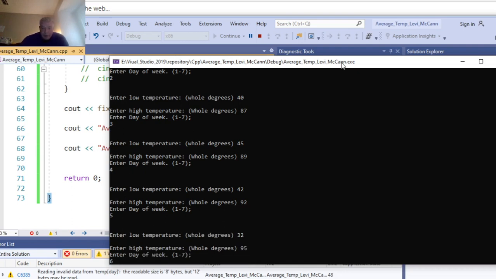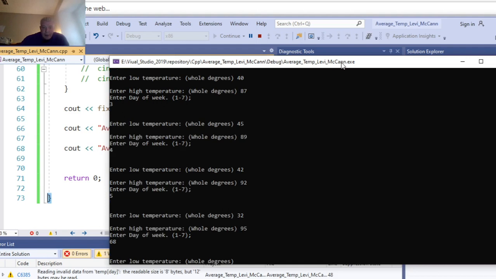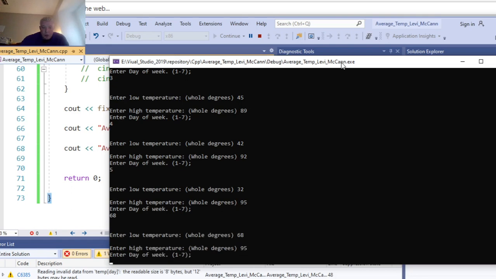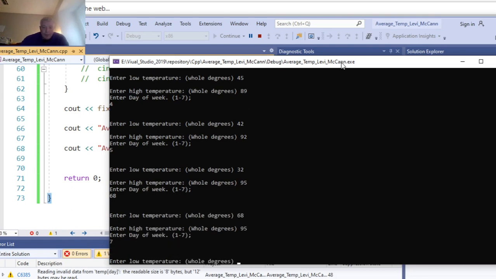Whoops. Low temperature was 68, and the high temperature would be, day 7, 32.